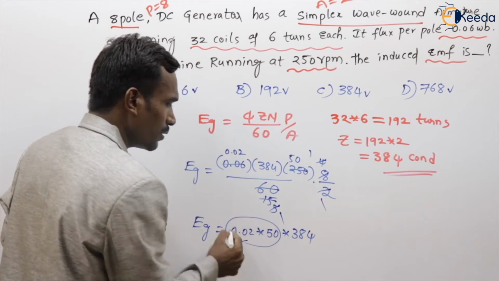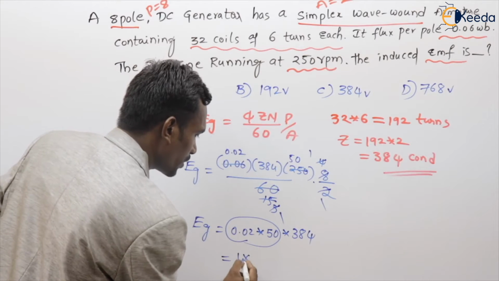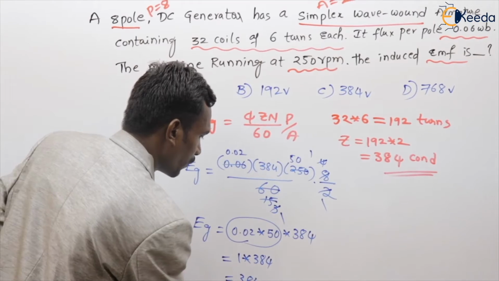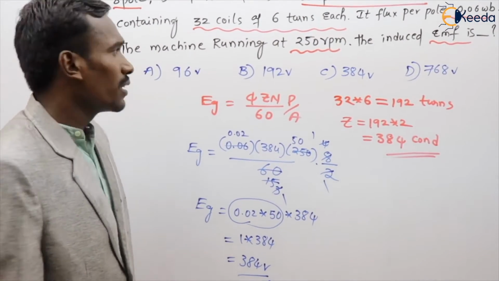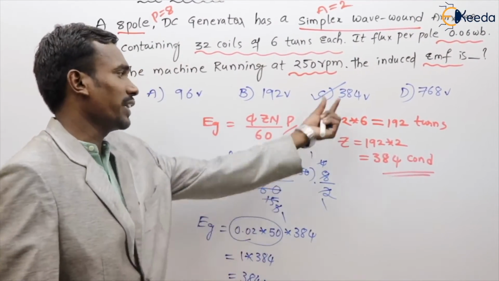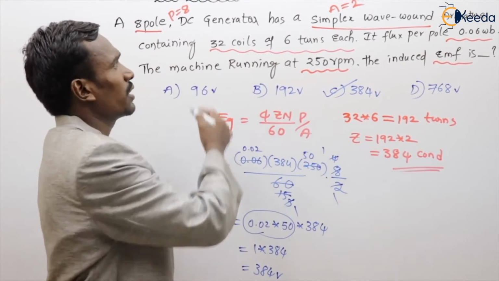What is its value? Its value is 1. So 1 into 384, finally 384 volts. This is our answer. Option C is our answer. 384 volts. This is about the question.